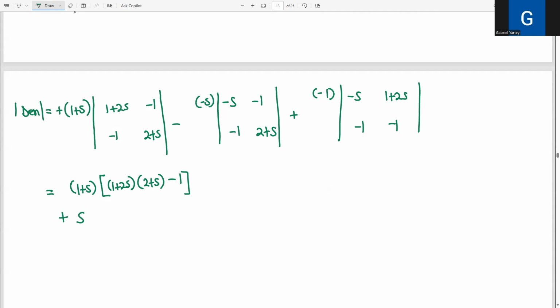And you get S multiplied by this times this, minus S, 2 plus S, minus 1. Minus 1 times minus 1 is positive 1. And then plus times minus 1 gives you minus 1 multiplied by minus S times minus 1 gives you S multiplied by minus 1 times 1 plus 2S. Okay.